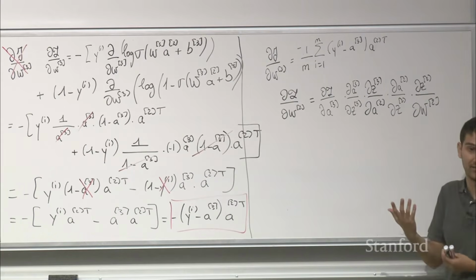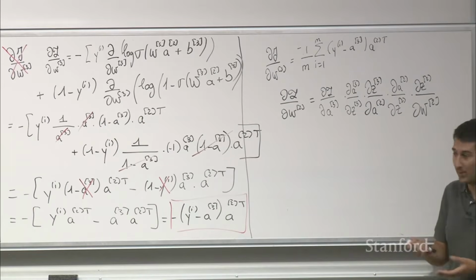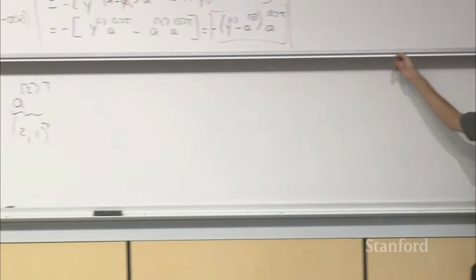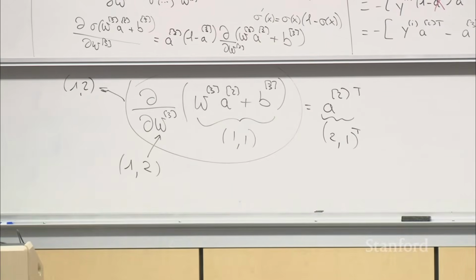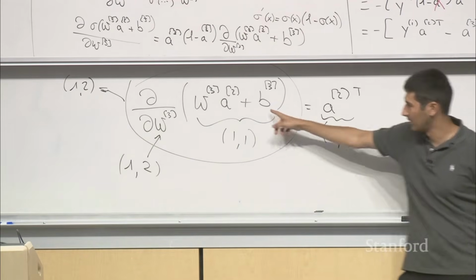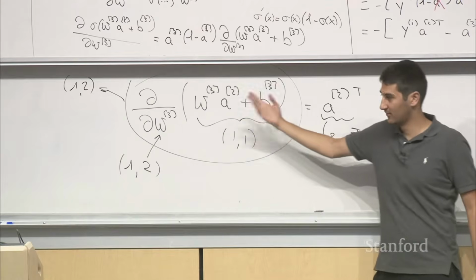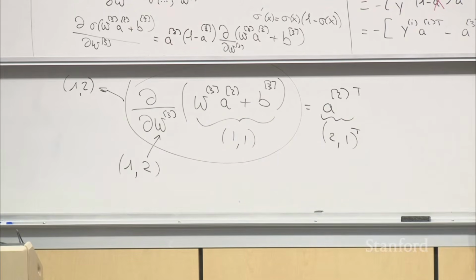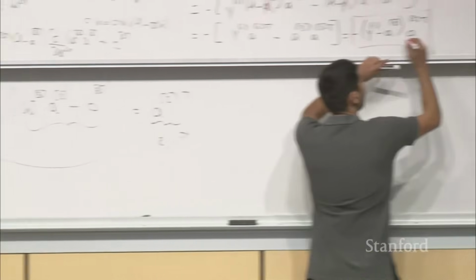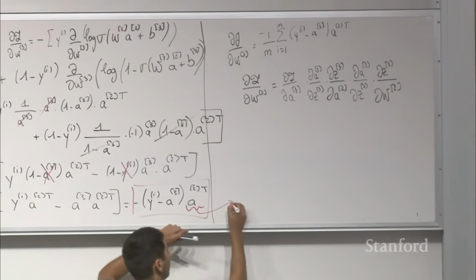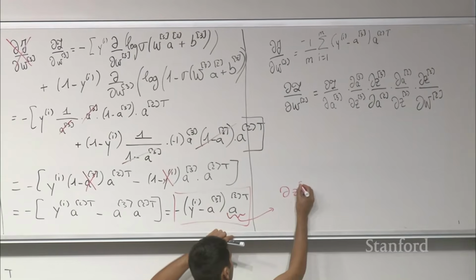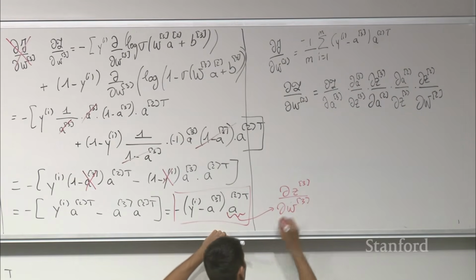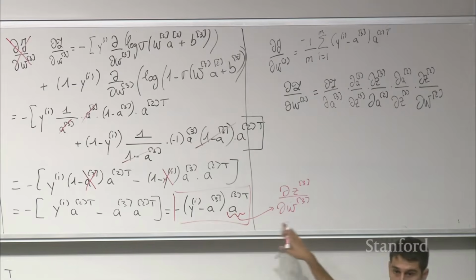How do we know that? It's not easy to see. One thing we know, based on what we've written very big on this board, is that the derivative of Z3 with respect to W3 is A2 transpose. So I could write here that this thing is the derivative of Z3 with respect to W3. Is it correct?